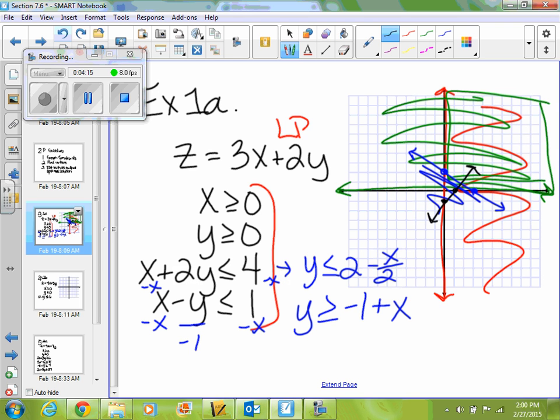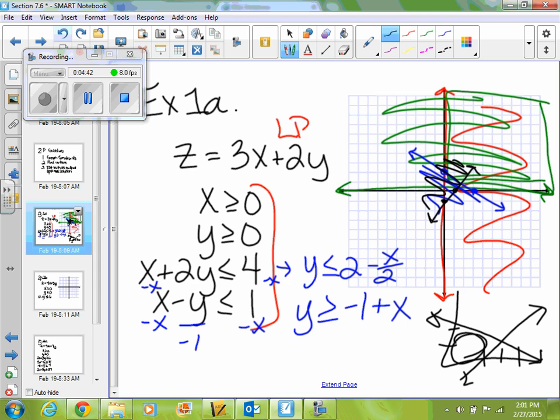And since y is greater than, I shade above. So the only section I care about is this inside section on my first quadrant. I just sort of sketched that because then it makes it look a little easier.